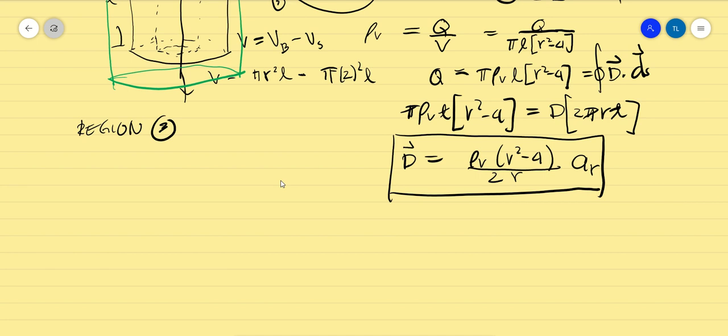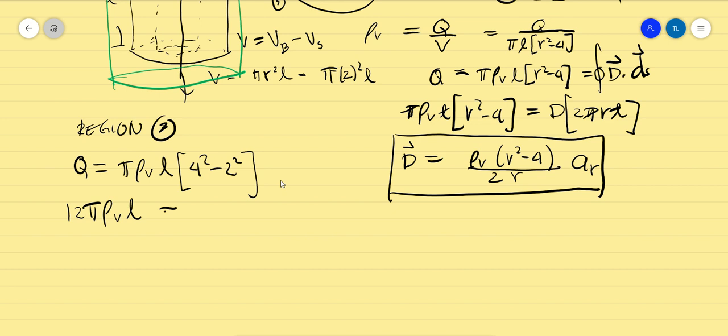Our total Q can still use that formula, pi rho V times L, but this time with r squared being 4 squared minus 2 squared. So 4 squared is 16, minus 2 squared, which is 4. 16 minus 4 is 12. And so this will be 12 pi rho V times L.